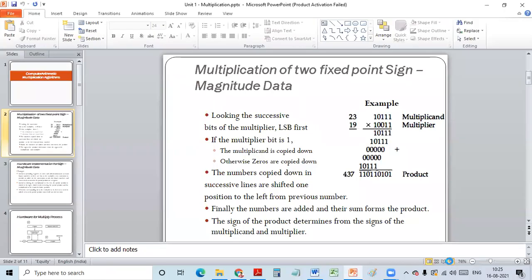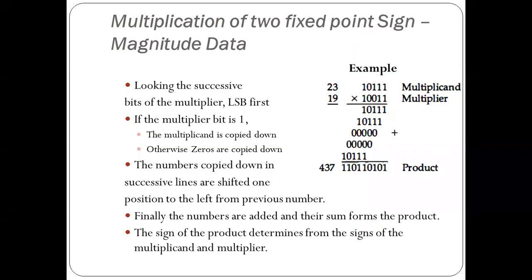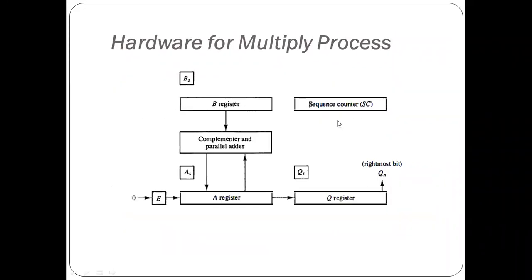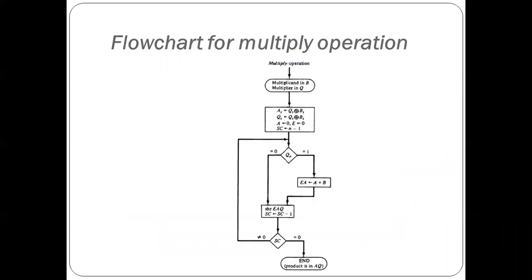So last class we were seeing the multiplication of two fixed point sign magnitude data, right? The algorithm that we have seen is this.